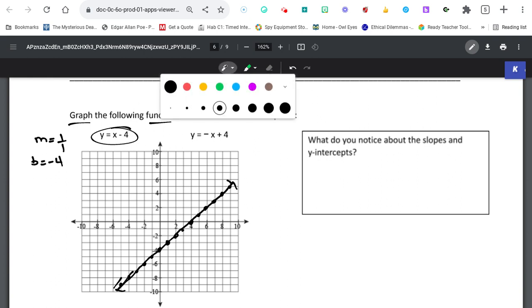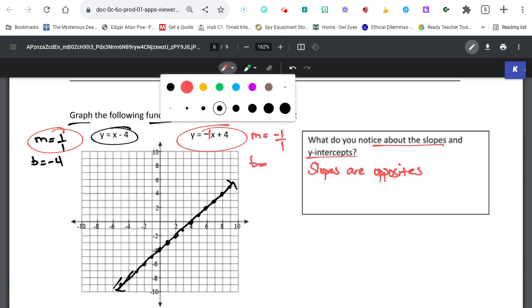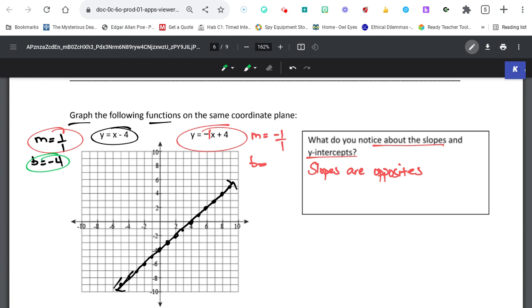And then I'll do this one in red. I want you to notice something. The slope is not +1 over 1, but -1 over 1. So it says, what do you notice about the slopes? Well, the slopes are opposites. But let's take a look at the y-intercepts. Here, this y-intercept was -4.